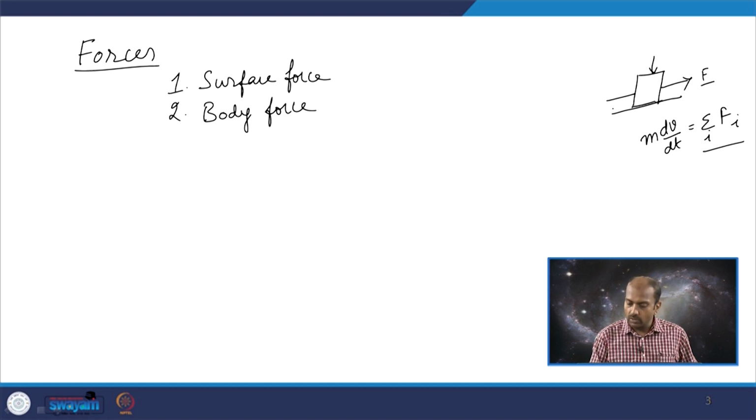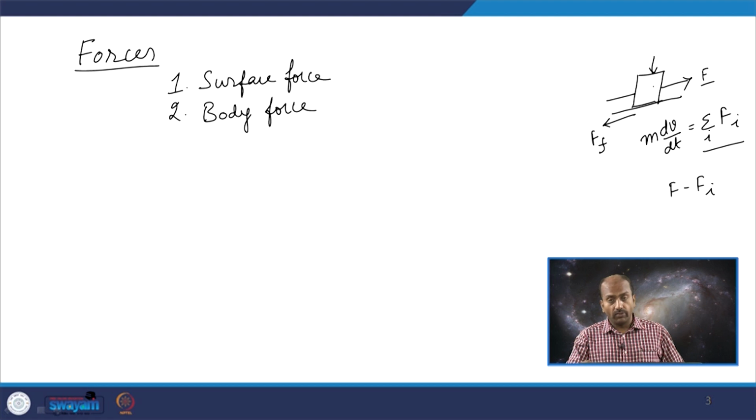But if there is a force due to friction which is acting in the opposite direction, let's call this the force due to friction, Ff, then the sum of all these forces is F minus Ff. Now the rate at which the velocity of this object changes with respect to time will depend on both the forces. So this is a simple picture in which you can understand the importance of having relations for the different types of forces. Okay, so this is the basic idea.